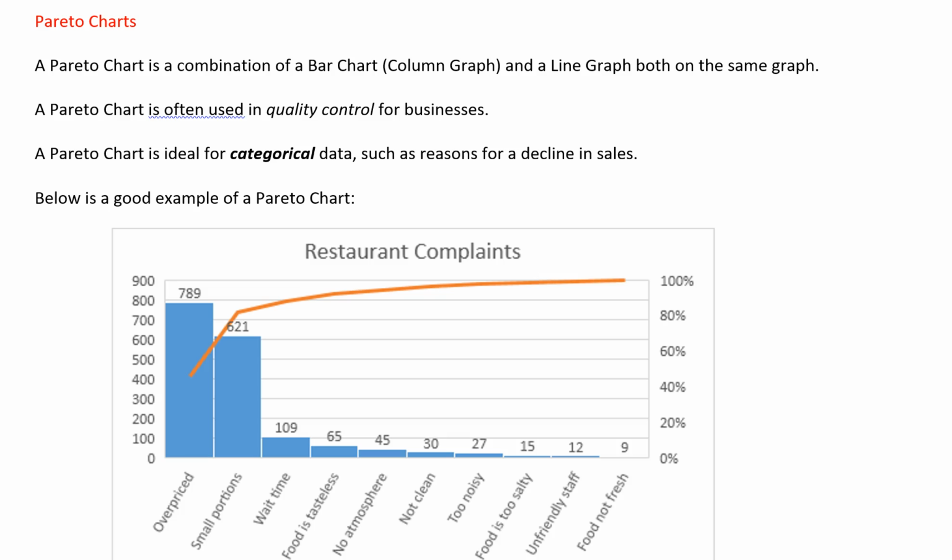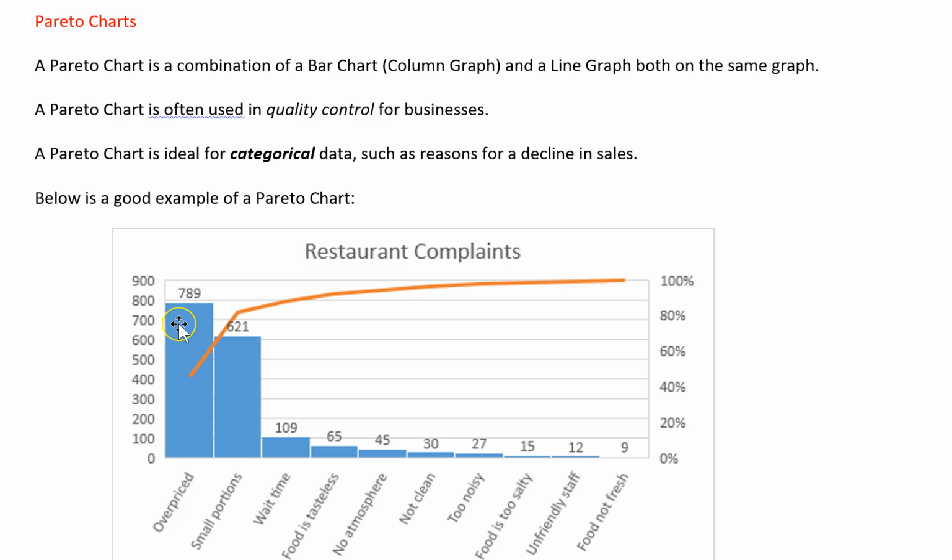Now, the thing about the Pareto chart is it combines a bar chart or a column graph, which has to be constructed in this order. So, as you can see, this data was collected about complaints. The most common complaint was the food was overpriced. The next most common was small portions. Then the wait time, food is tasteless, no atmosphere, not clean, too noisy, food is too salty, unfriendly staff, and food not fresh.